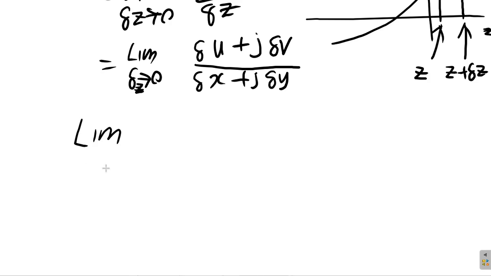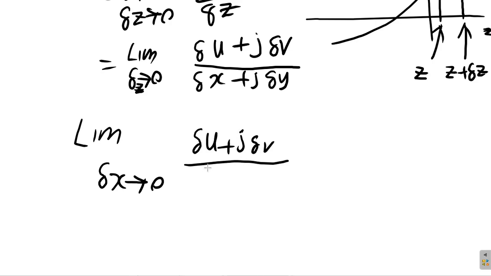As let x change first. Changing x tends to 0. Right? If we let x tend to 0 of change in u plus j change in v divided by change in x plus j change in y, what would happen?